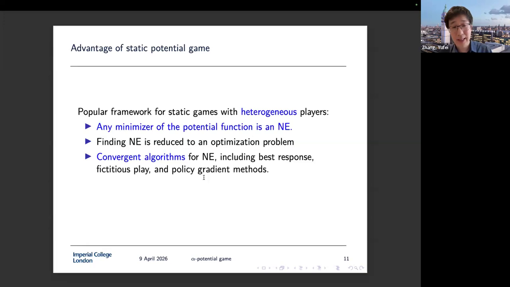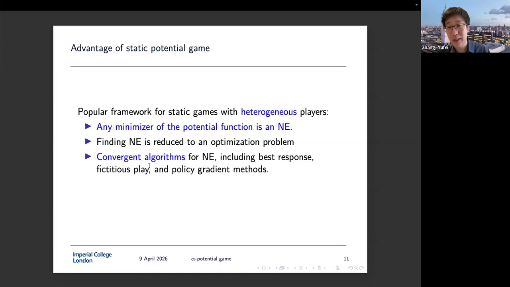Another advantage is that, as I showed before for a generic game, typical or natural algorithms may not converge to the Nash equilibrium. But if you know a game is a potential game, or if there is a limited potential structure, then suddenly you can show that many algorithms can actually converge. This includes the best response algorithm or the fictitious play algorithm, which I introduced before.